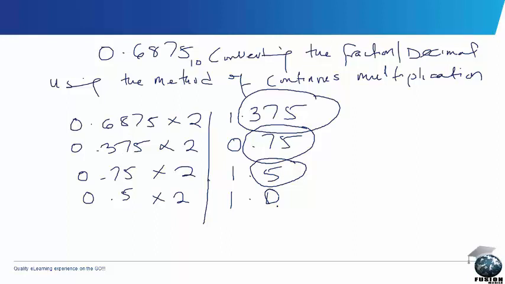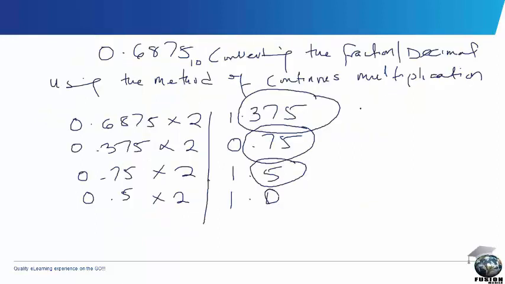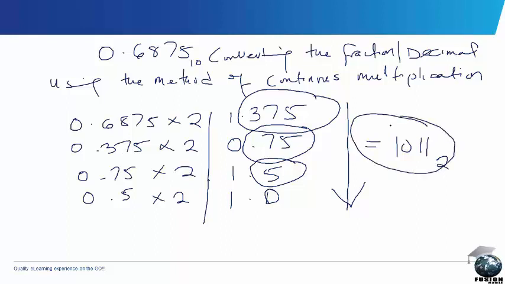And so the same method counts. You just need to pick your whole numbers, and then we have 1011 in base 2. Remember, this forms the fractional side of the number we just worked out.